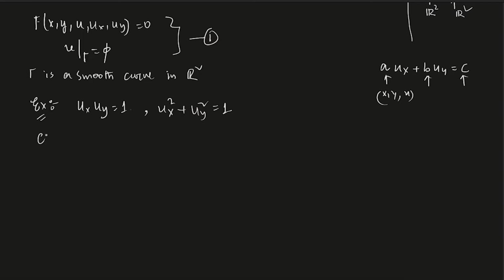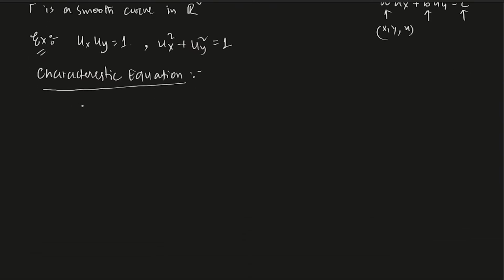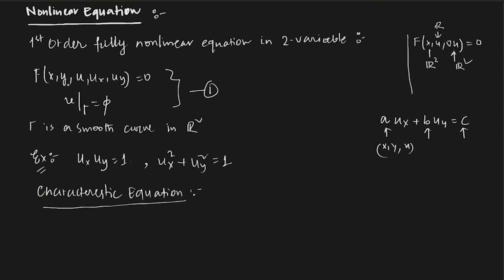So first of all, we want to find the characteristic equation. The question is how to find such a characteristic equation. We will take our ideas from whatever we already know, because this is a fully nonlinear equation, so it definitely contains all the semilinear, quasi-linear and linear cases.